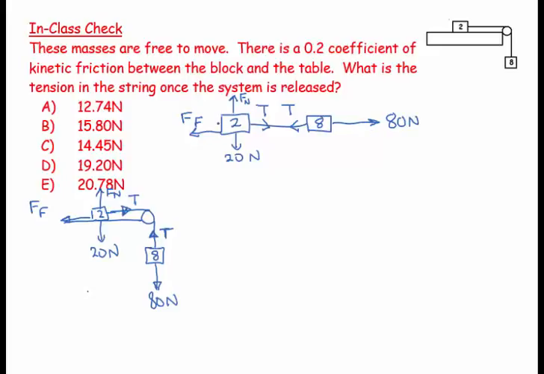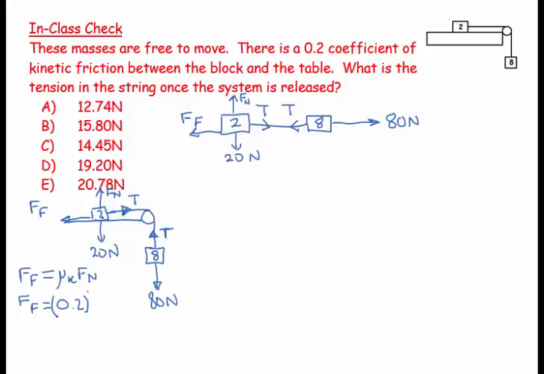Let's prove to ourselves that it's going to accelerate by finding this value of Ff. How can I find that? Down here in the corner, I say Ff is equal to mu k times Fn. So Ff is equal to 0.2 times Fn, and we can tell from simple observation that if it's a 20 Newton force downwards, there's going to be a 20 Newton force upwards, because we're not accelerating upwards or downwards from this table.